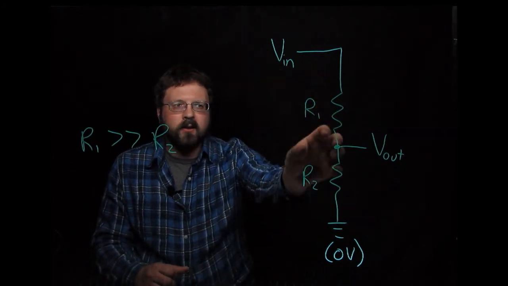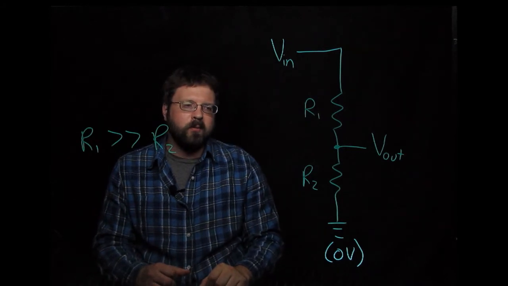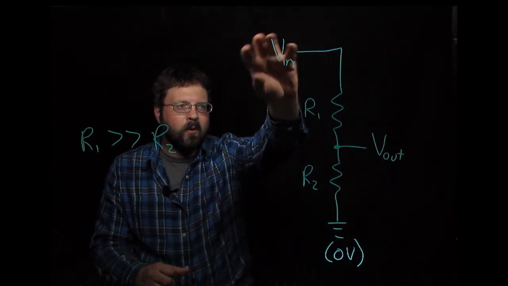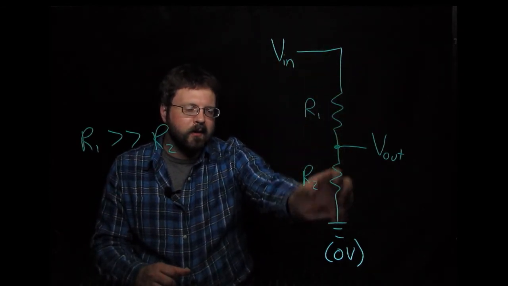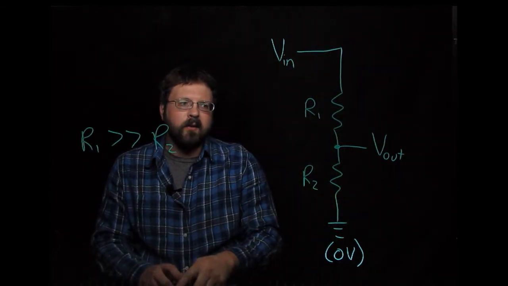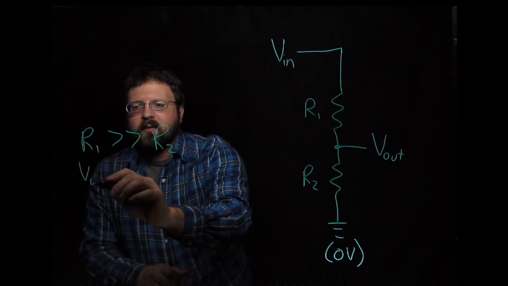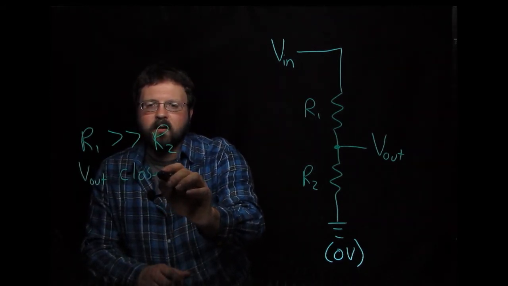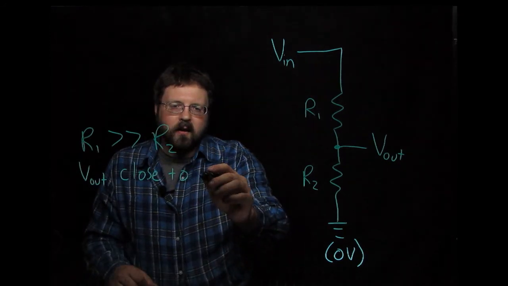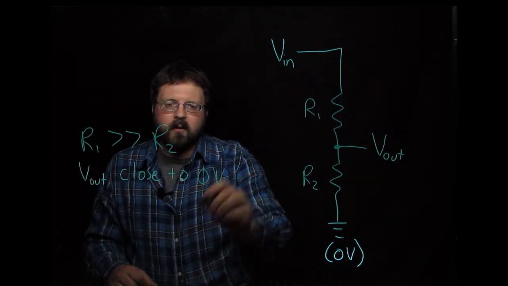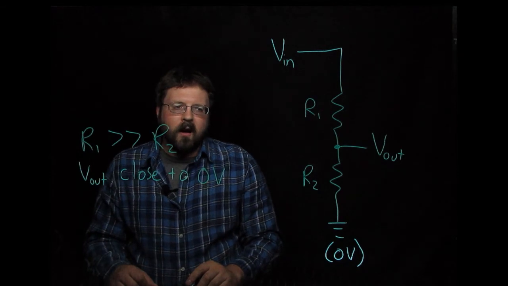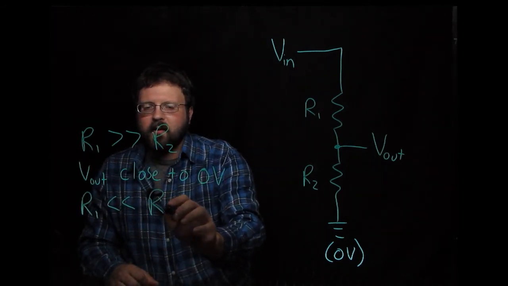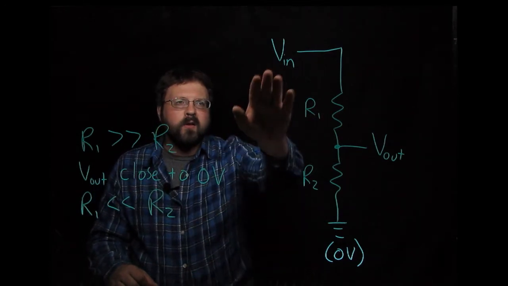We're going downhill a lot more through R1 than through R2, which means that we go from the top of the water tower, we go way down and then just a little bit further to get to ground. In that case, Vout is going to be close to 0 volts.